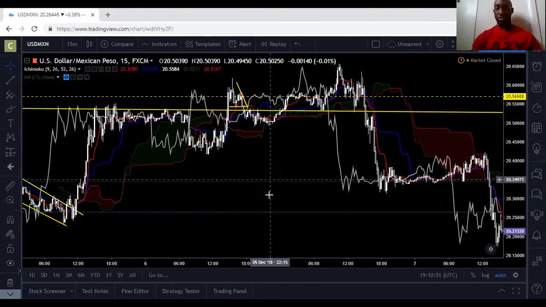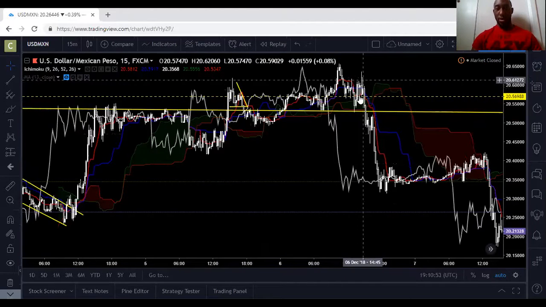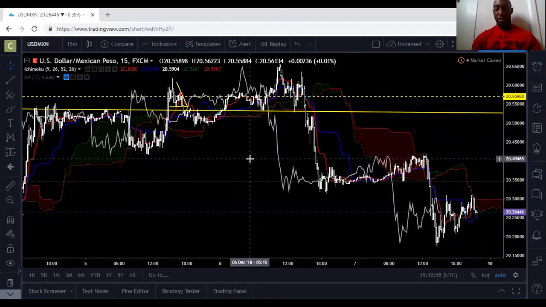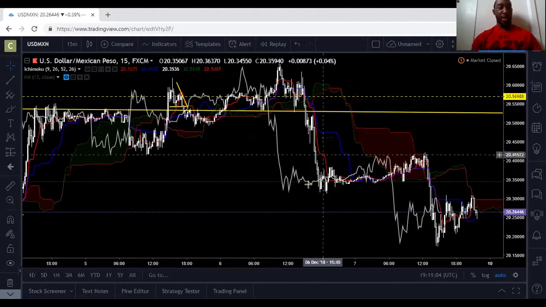So here, I'm a breakout trader, or Ichimoku, and a pattern trader. So I look for patterns when it's in a consolidated state.